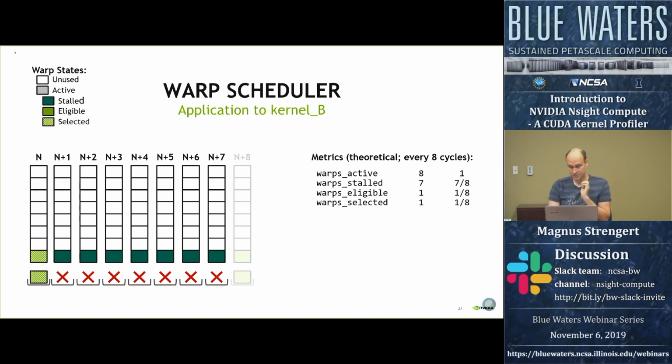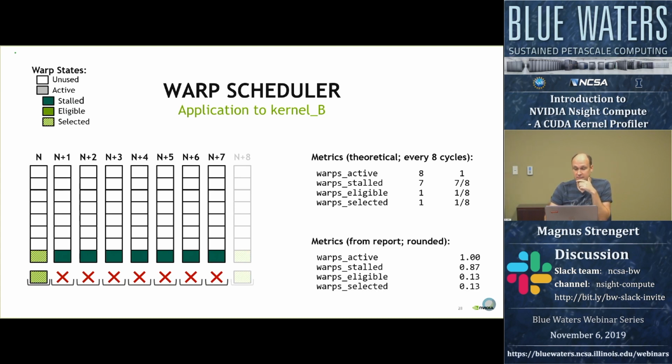And if you compare that to the values in the report, we see that the values come out exactly the same. You see that warps active is 1, like what we have from the active warps.